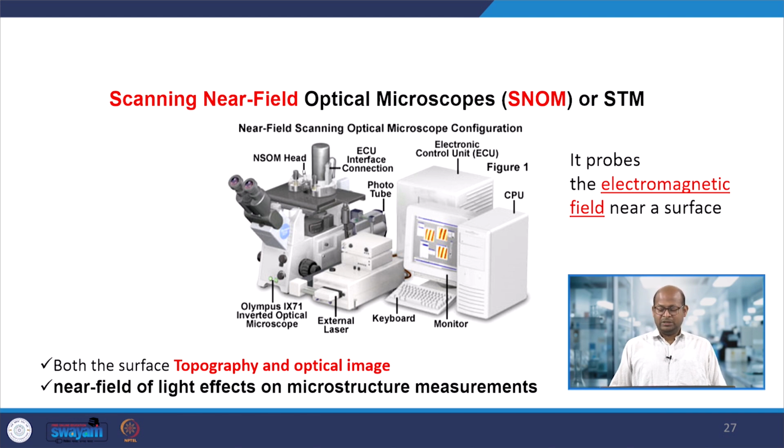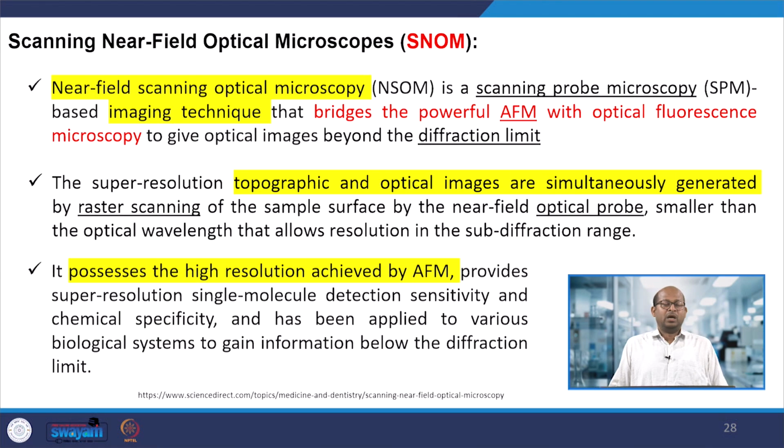So next is the scanning probe microscopes. They probe the electromagnetic fields near the surface. With the help of STMs and AFMs we can get the image. Here is the optical image and at the same time the topography of the surface. With the help of AFM we can get the topography. With the help of SNOM we can get the topography as well as the optical image of the materials that we are going to study.